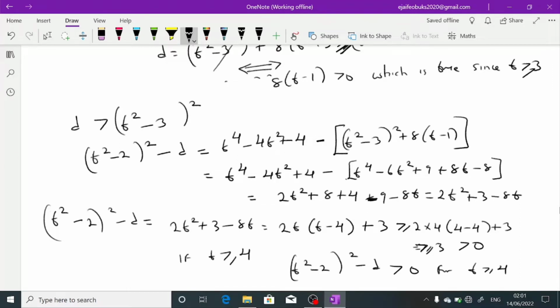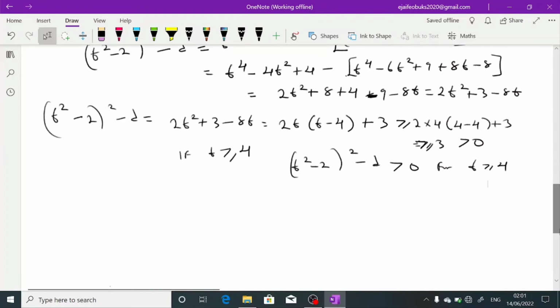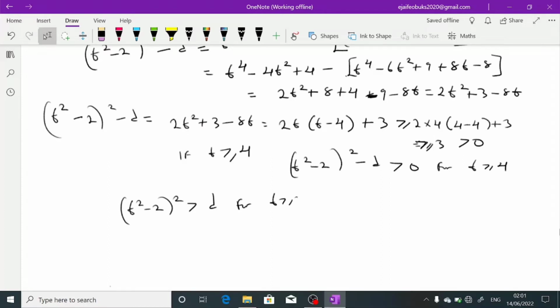So, or rather, this means that t square minus 2 all squared is greater than d for t greater than or equal to 4. And combining this with the fact that d is greater than t square minus 3 all squared for t greater than or equal to 3, I think this is true.